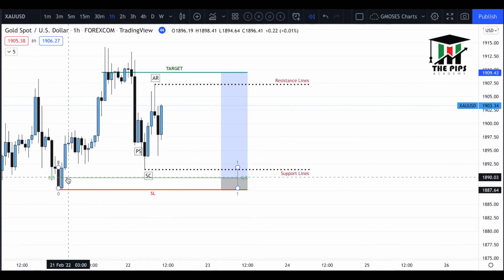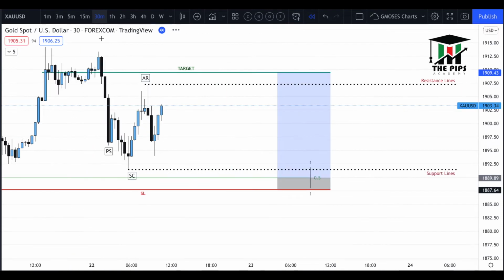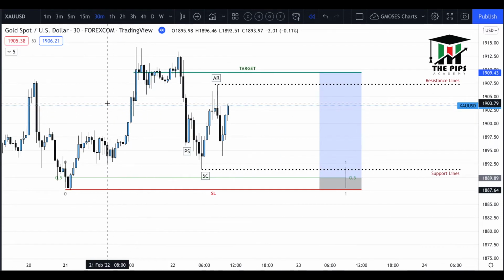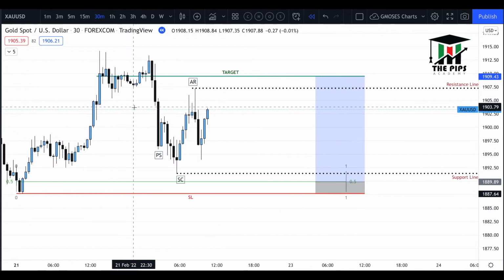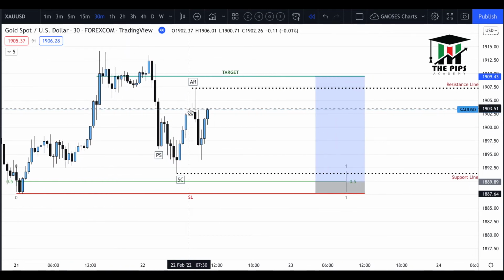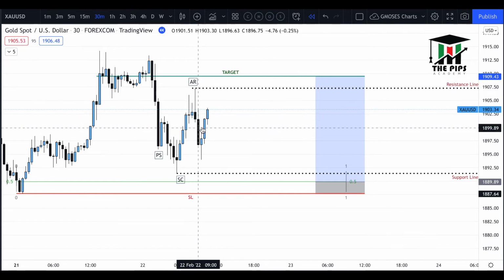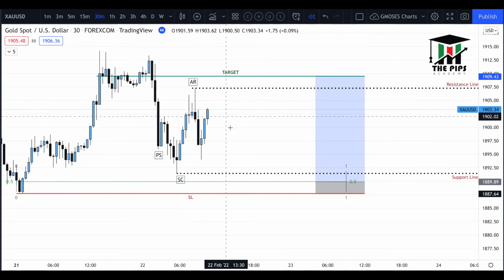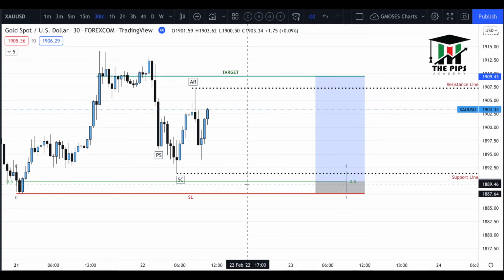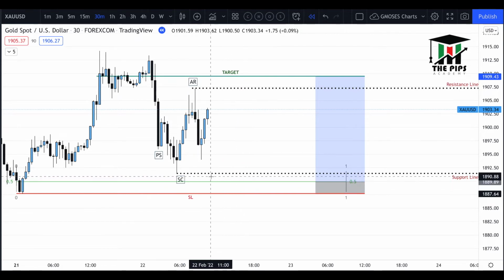That's still my entry. That's still my point of interest. Now, this is giving me even more of a confluence because when you have an accumulation, a schematic 1 accumulation with Wyckoff, you more than likely will get a spring which will take out liquidity for those buyers who are trying to buy in this area and put their stop loss literally right here.